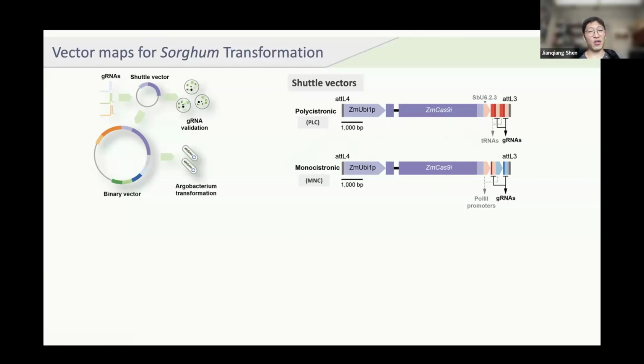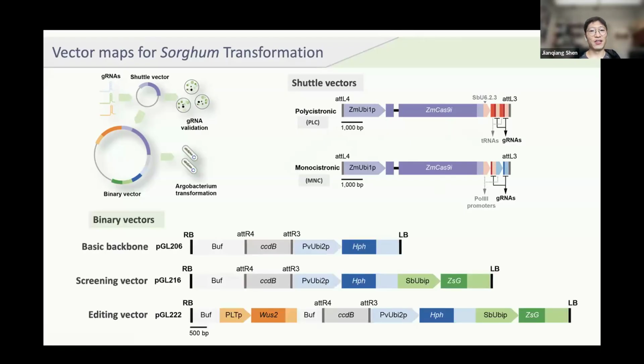As long as we insert our own customized guide RNA, we use it for protoplast transfection for validation, and then we move the whole expression cassettes to the binary vector. Here are all the binary vectors we developed. The first one is the basic backbone, with just the LR recombination site, as well as the hygromycin selective marker.